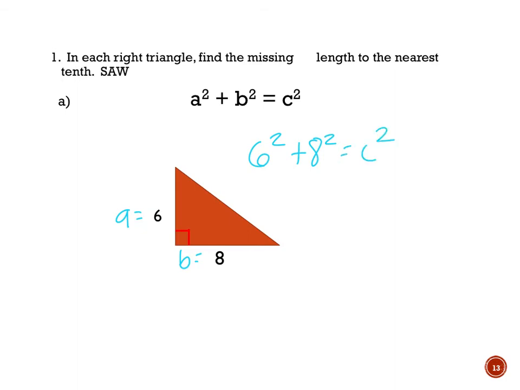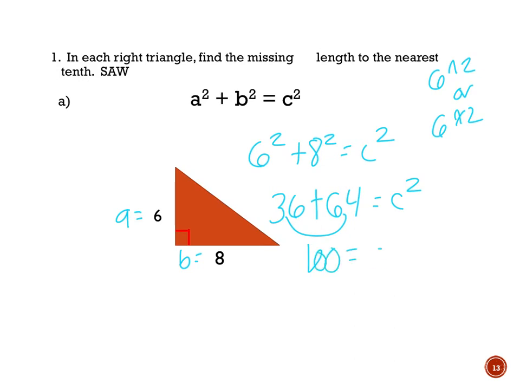In your calculator, remember to square, you put 6 then the exponent 2, or 6 x squared. So 6 squared equals 36, 8 squared equals 64, and 36 plus 64 equals 100, which equals C squared.